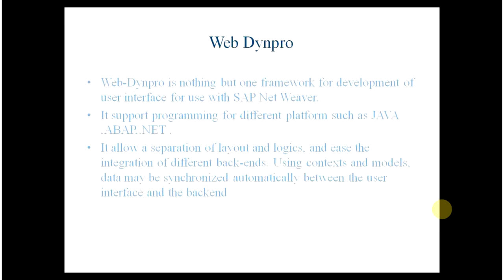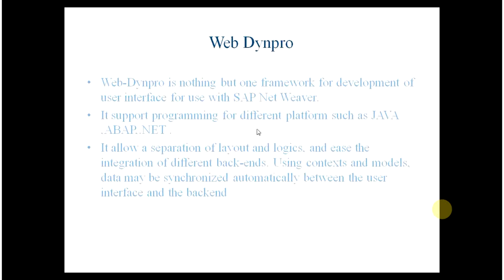So here, as we know, it's one framework for development. The user has one interface where he can give inputs to the UI elements, or interact with that user interface. Whenever that input is given, it connects with the backend and gives the output to the user. So there is a clear separation of the layout and the logic.